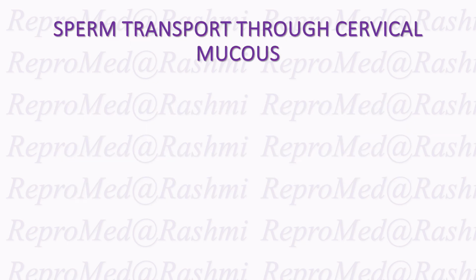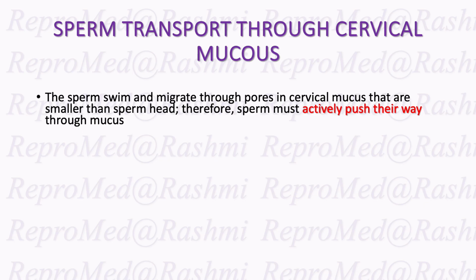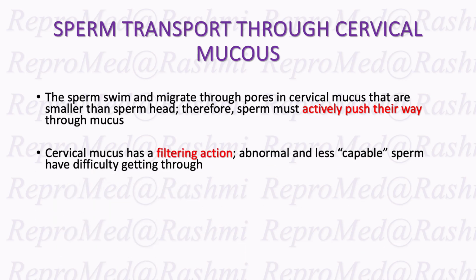Sperm transport through cervical mucus. The sperm swim and migrate through the pores in the cervical mucus that are smaller than the sperm head. Therefore, sperm must actively push their way through the mucus. Cervical mucus has a filtering action. The abnormal and less capable sperm have difficulty getting through.